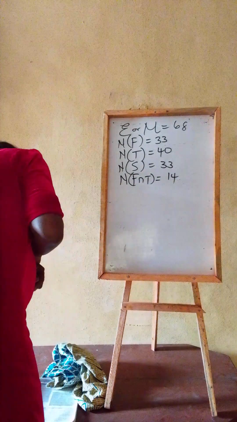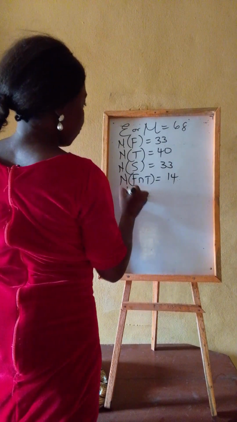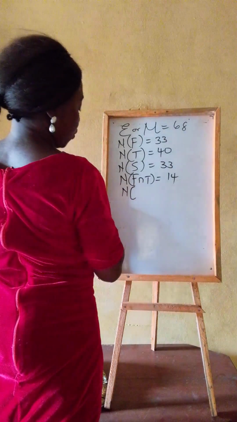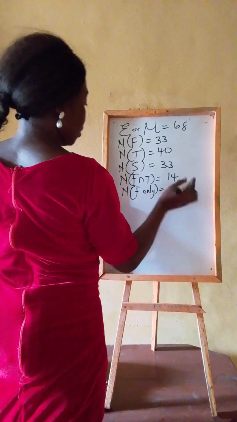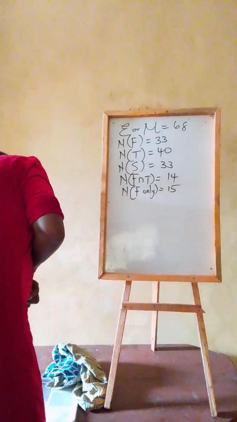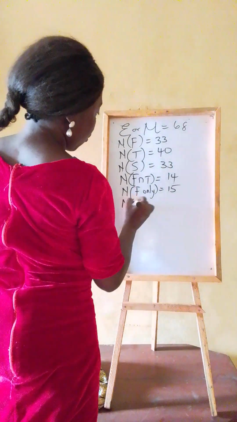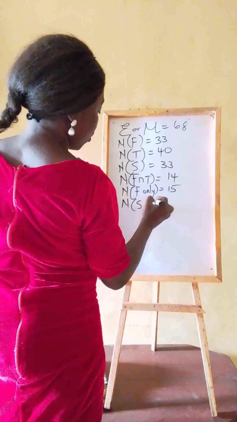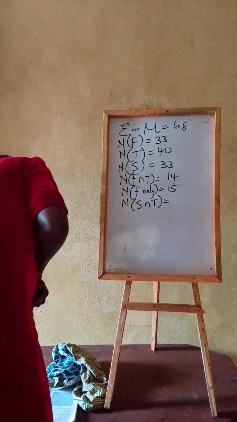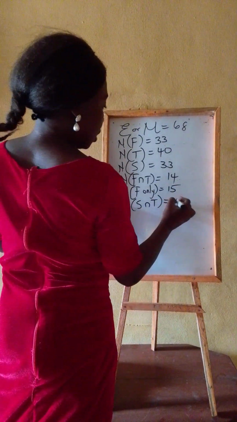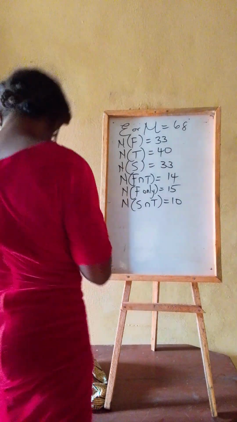Then, 15 do feed events only, and 10 for both swimming and track. So, you will need to calculate for only.